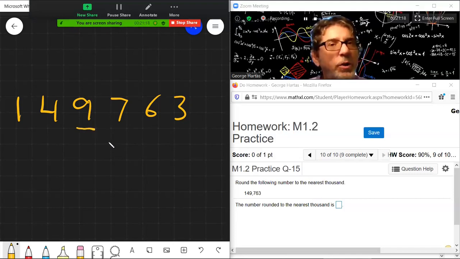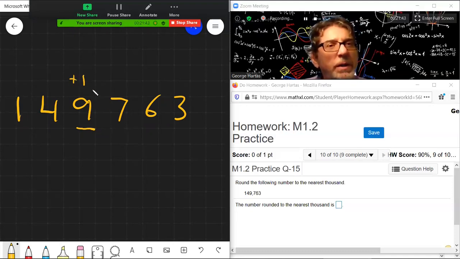Now pay attention to this problem. Something interesting happens. So this is the 1,000 spot. We look to the right, and this digit here is 7. Since it's 7, we got to add 1 to the 9, correct?